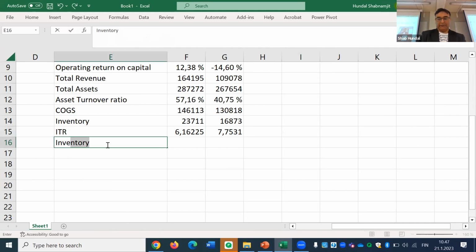Inventory days in hand. Tell me something: are more days a better indicator or a worse indicator?